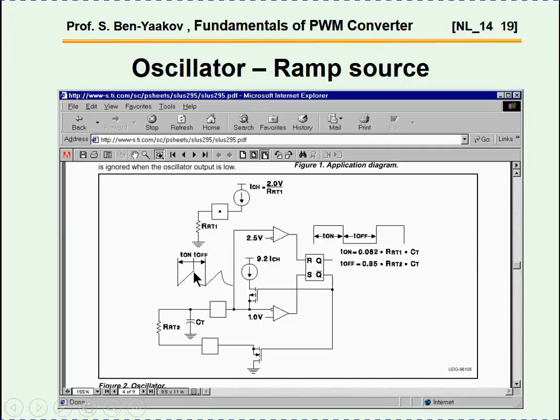We have the ramp going up, and then it discharges. This is the oscillator. Now, we have this portion here, which is the ramp. So we can use this to add it to V sub E or to the current sensing resistor, so as to compensate the level and get the slope compensation that we need.